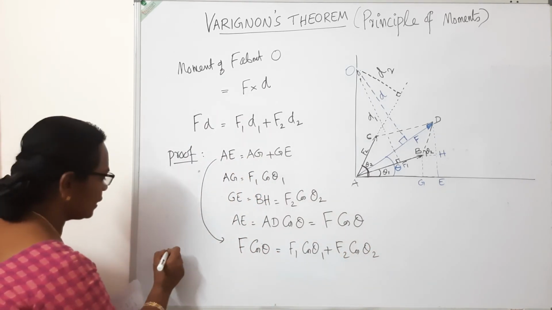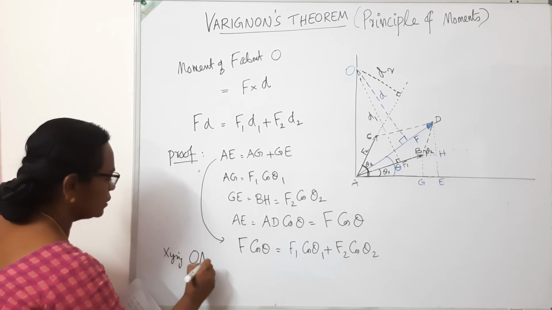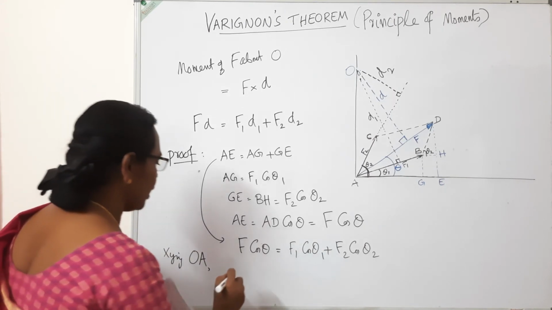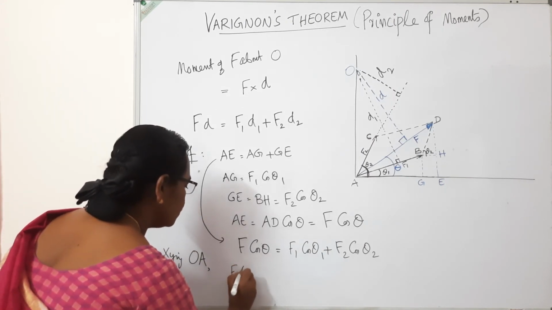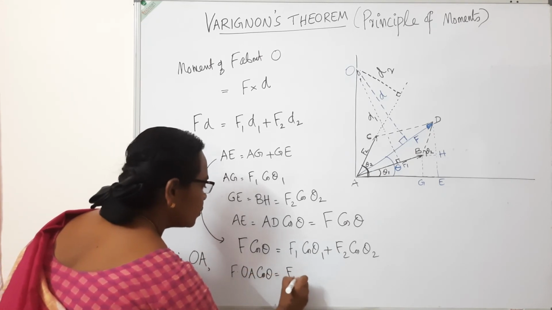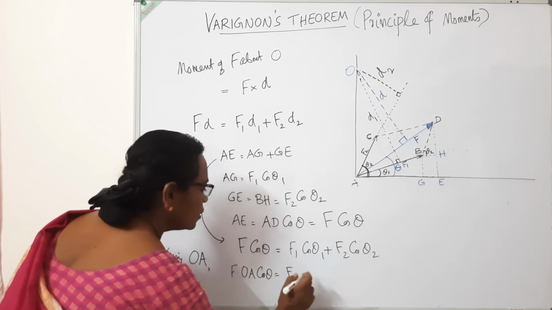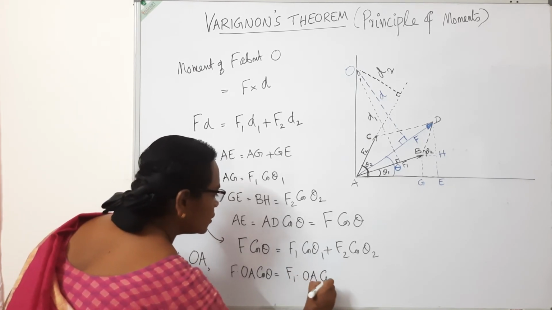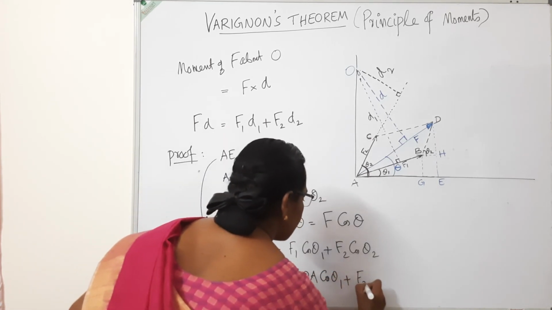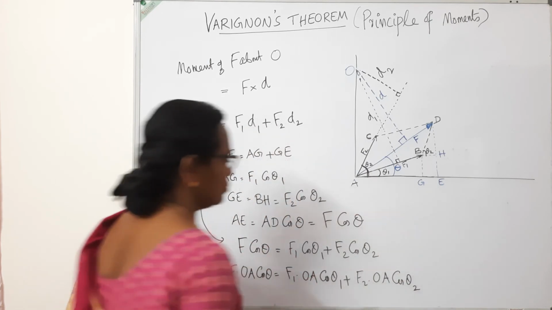Now I am multiplying throughout by the term OA. Multiplying throughout with OA, F into OA cos theta is equal to F1 into OA cos theta 1 plus F2 into OA cos theta 2.